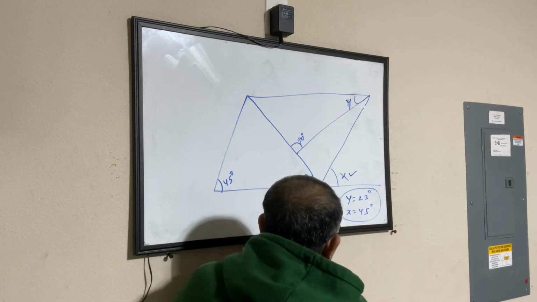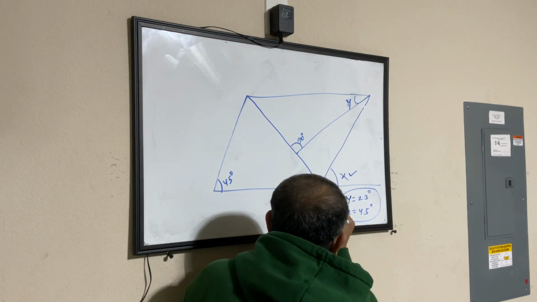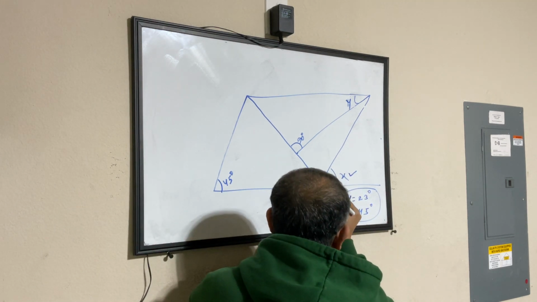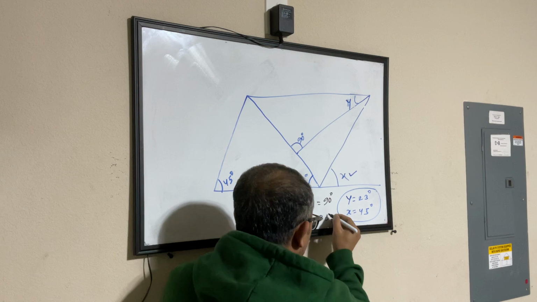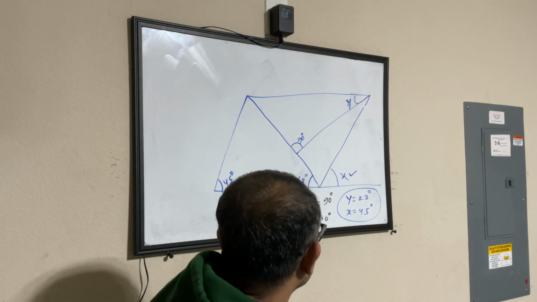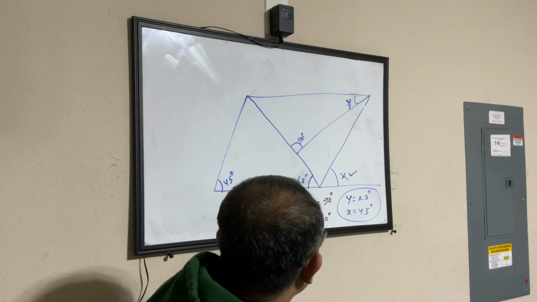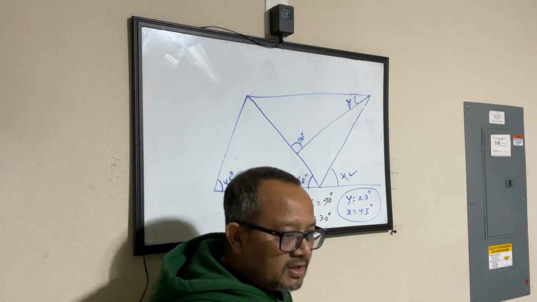Y is 30 and x is 90. 30 and 90? Yeah, x is 90, you're saying? Okay, y is 30. We'll see. Yes, Anvita.